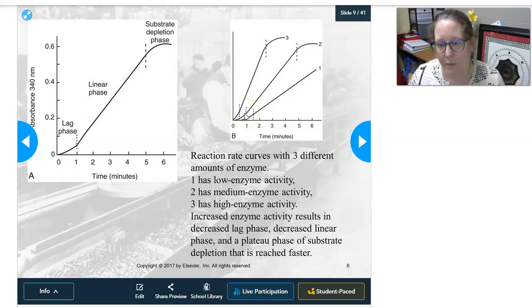And then it has a decreased linear phase, so that means it's going so fast that it burns through the substrate a lot faster. If you look at the length of this line, the linear phase is shorter in 3 than it is in 2 or 1, and you don't even have the other end of it in 1. Of course, the faster the enzyme works, the quicker you will reach that plateau of substrate depletion.